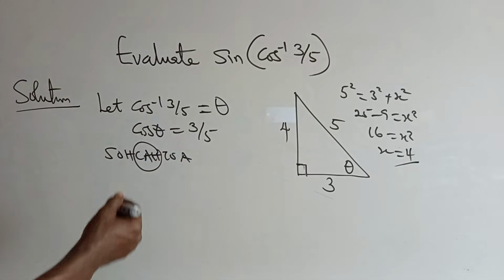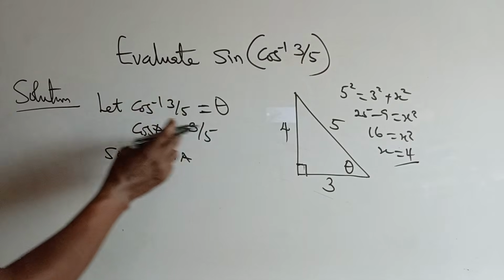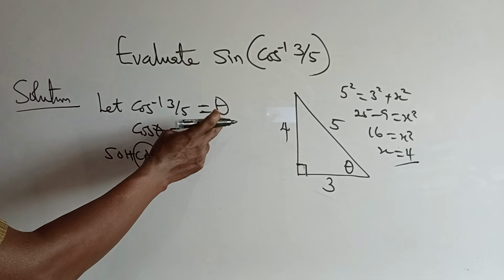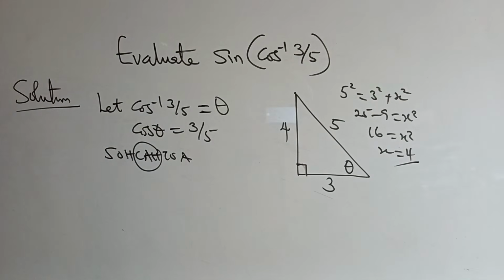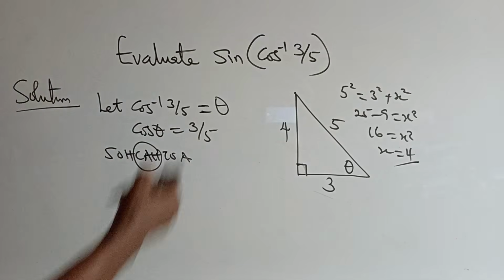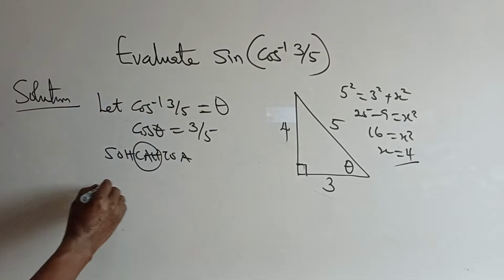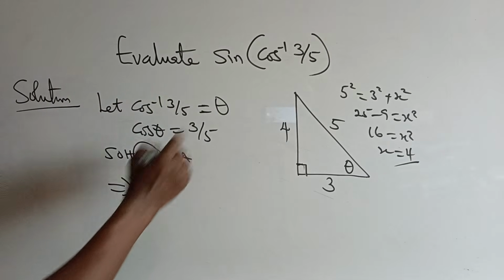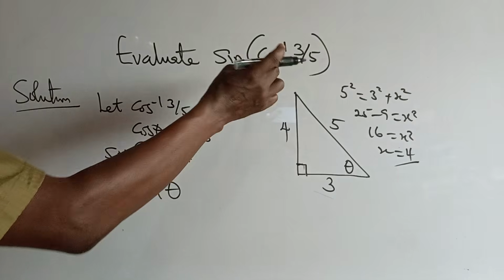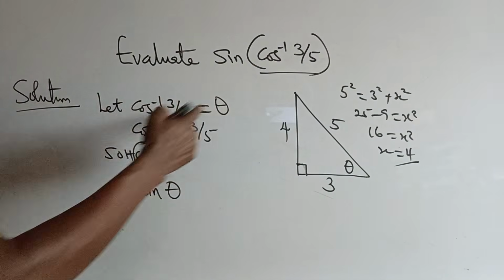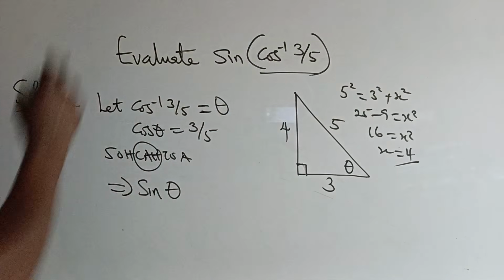So in this case, our cos inverse of 3 over 5, which we call theta, we know what it is now. What is the value of cos inverse of 3 over 5? From what we have just done, it equals theta. So the whole of this thing is now sine theta, because we have assumed that cos inverse of 3 over 5 is theta. So we replace it by theta.